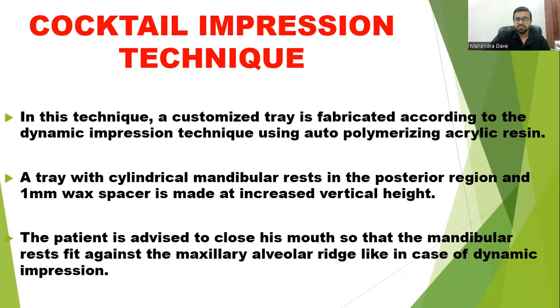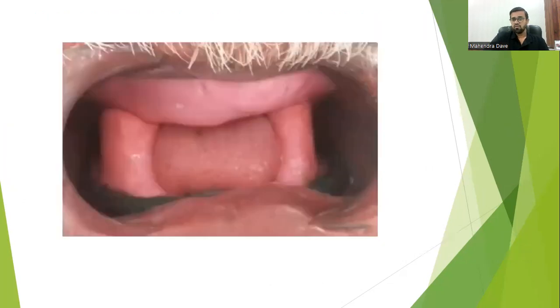A tray with cylindrical mandibular rests in the posterior region and a 1 mm spacer is made at an increased vertical height. These are the specifications we use to fabricate the special tray. The patient is then advised to close his mouth so the mandibular rests fit against the maxillary alveolar ridge, like in the case of dynamic impression. This is how the patient is asked to close the mouth.